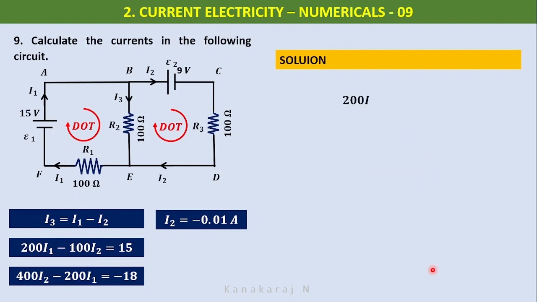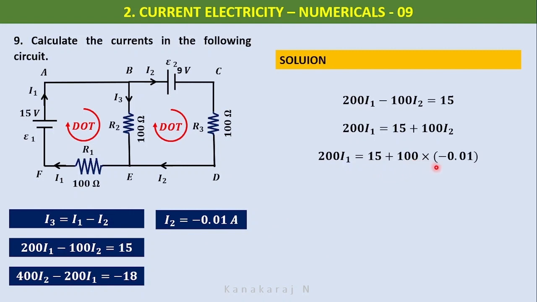We know 200 I1 minus 100 I2 equals 15. In this, let me substitute I2 as minus 0.01 ampere. So I get 200 I1 equals 15 plus 100 times minus 0.01 ampere. So 200 I1 equals 15 minus 1 equals 14.